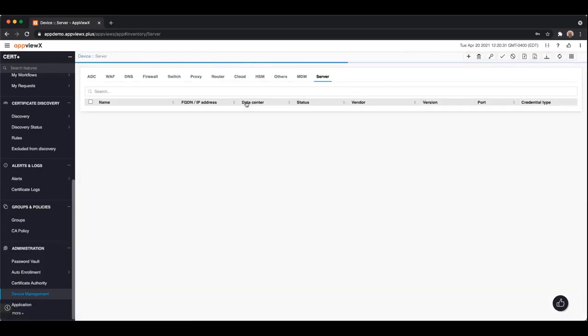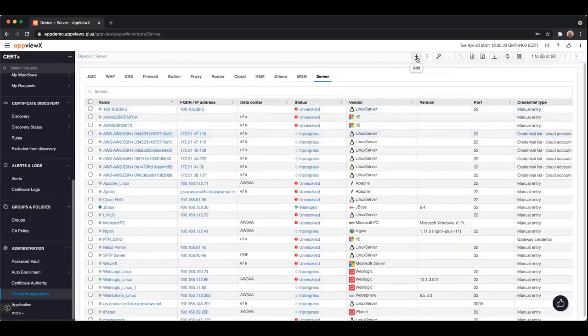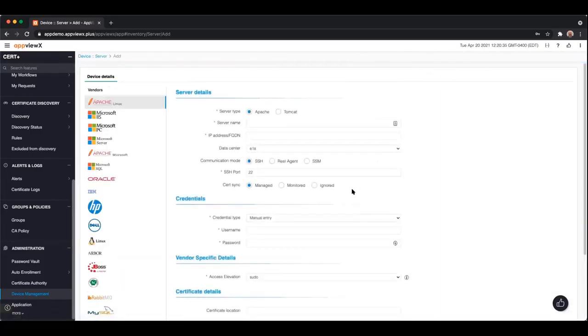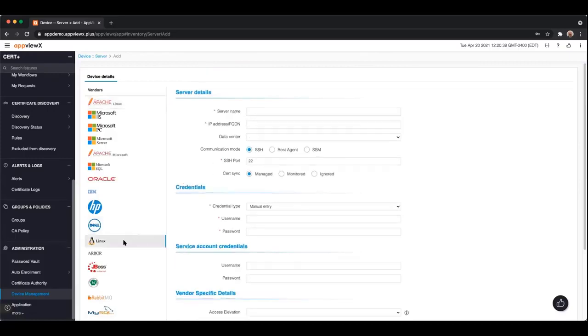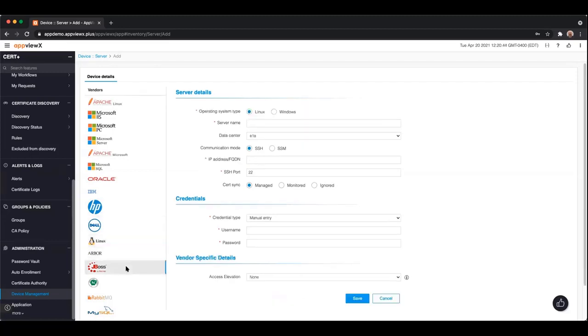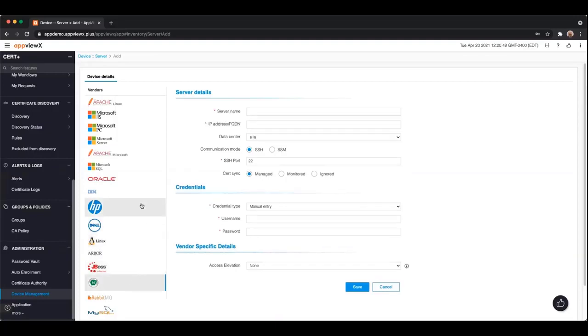The next most common we probably see is going to be servers. Once again, vendor agnostic. If you're looking for your Apache Tomcat servers, if you're looking for Linux servers in and of themselves, in the Linux world also, JBoss maybe, or Nginx, we have integration points with all of them.